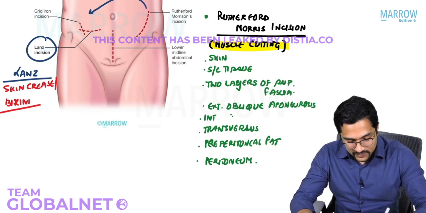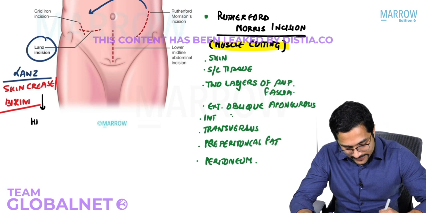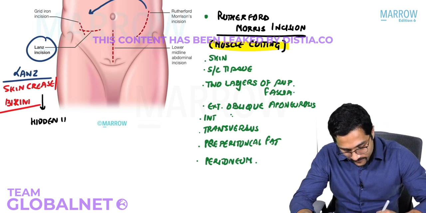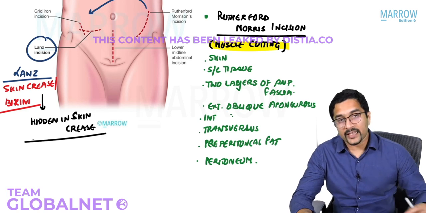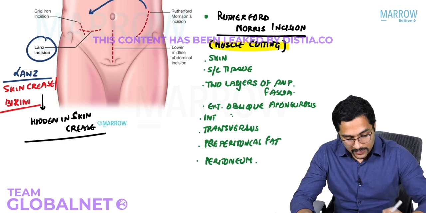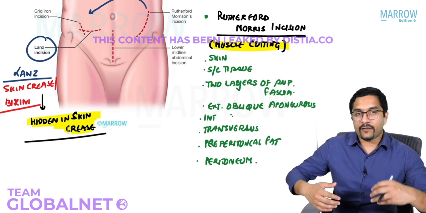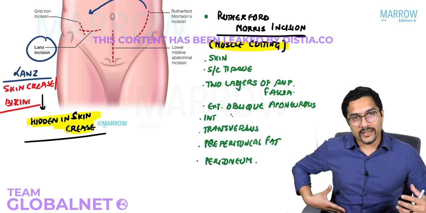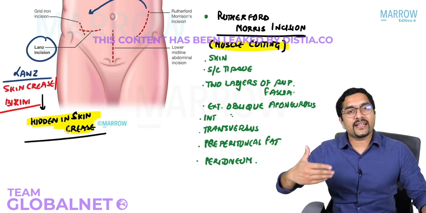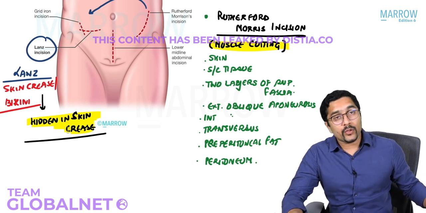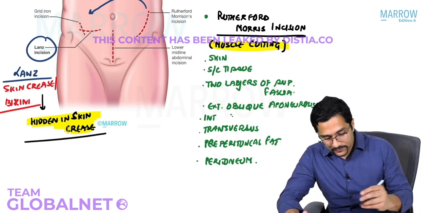The advantage of this incision is that it is hidden in the skin crease, so once the scar heals up, you can't see the scar. If I go for swimming, wearing my swimming trunks, you cannot make out the scar because it is very well hidden in the skin crease. So that is the beauty of the Lanz incision.